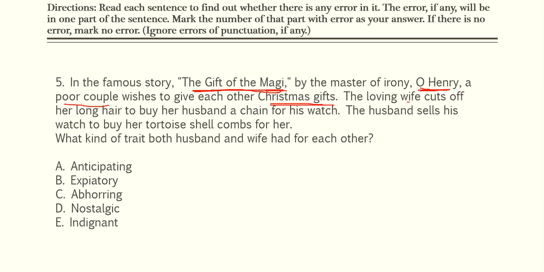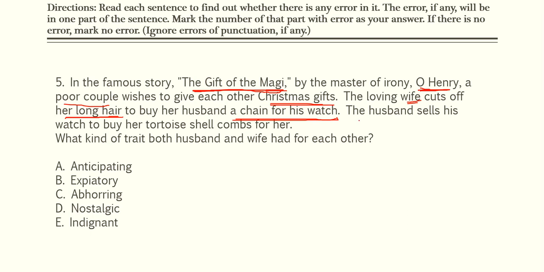तो वाइफ ने क्या किया? She cut off her long hair. Maybe the wife was having a beautiful long hair, right? So what did she do? She sacrificed her hair just to gift her husband a chain for his watch. हस्बैंड का एक घड़ी था, उसके लिए चेन जो चाहिए होगा, वो चेन खरीदने के लिए अपना लॉन्ग हेयर उसने कुर्बान कर दी. फाइन.